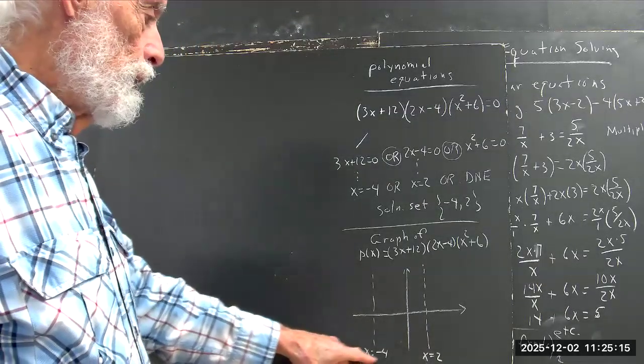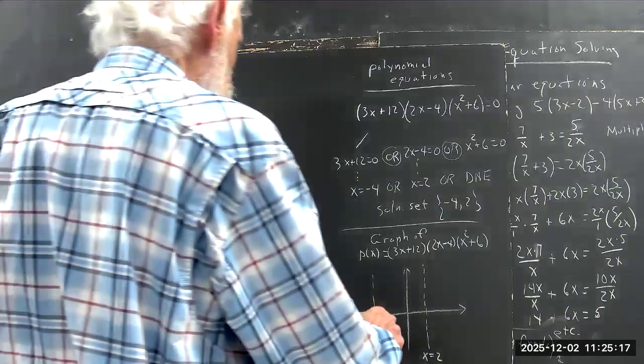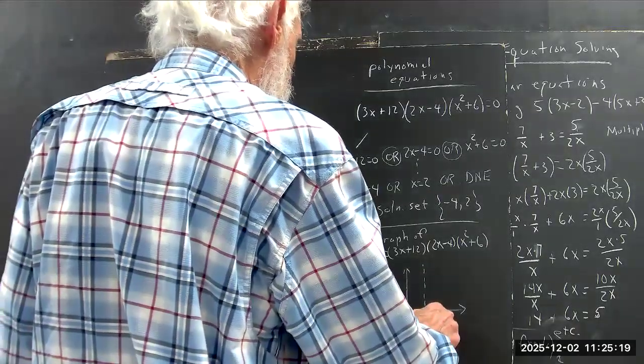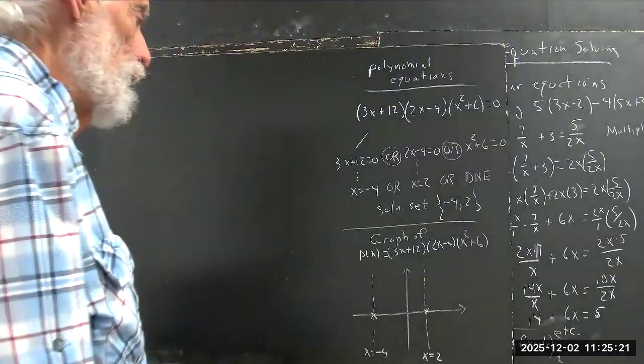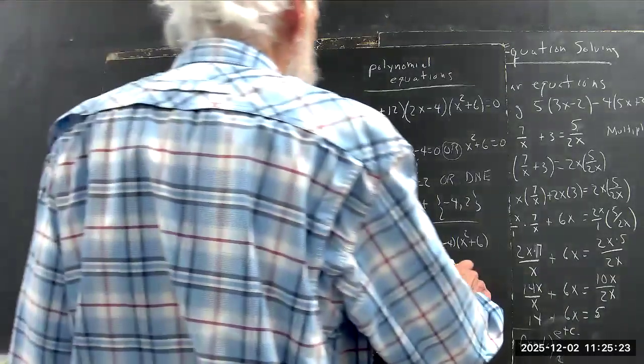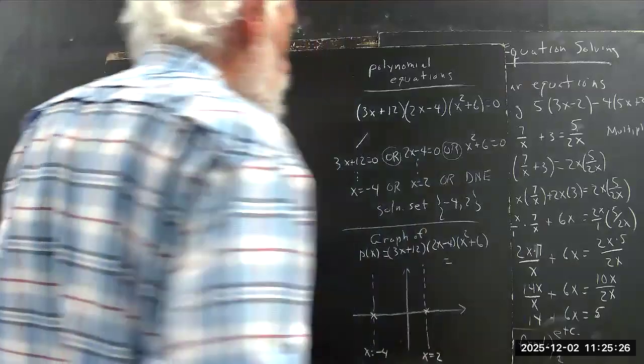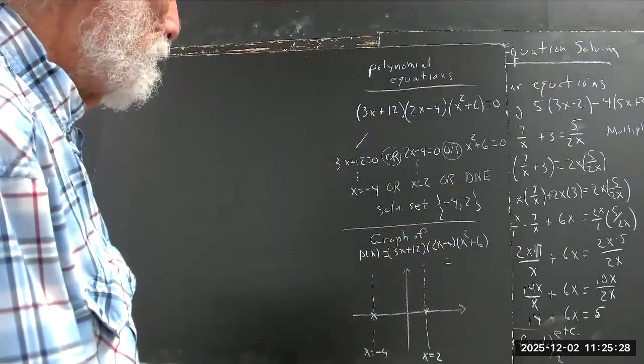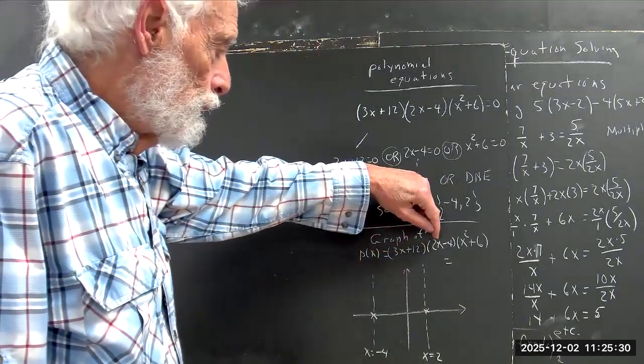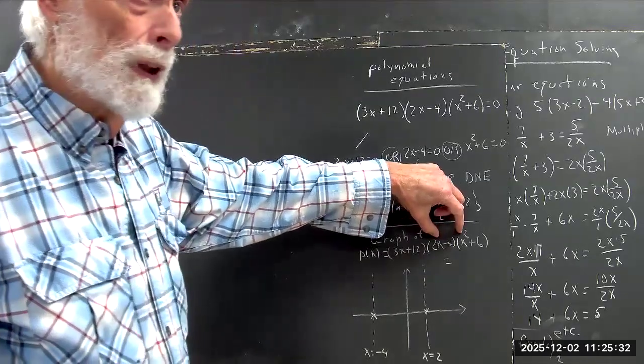But anyhow, okay, so we have zeros here. We know that the graph has to go through these points. Another thing, by the distributive law, at some point this 2x is going to get multiplied by the x squared, right?